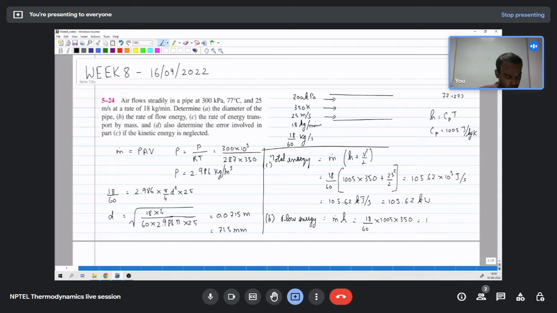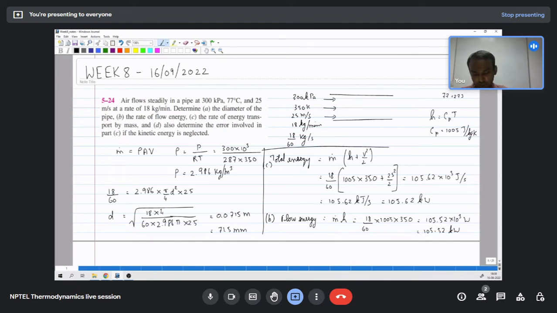So this is 105.52 into 10 power 3 watts, or it is 105.52 kilowatts. So in flow energy we have neglected the kinetic energy.